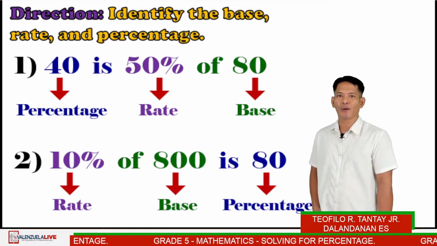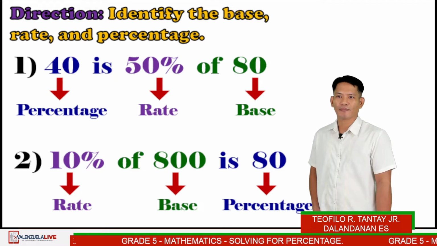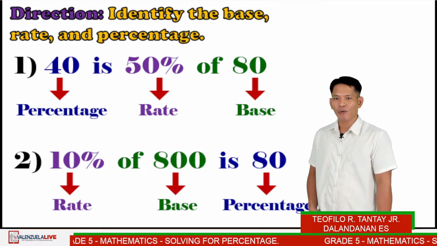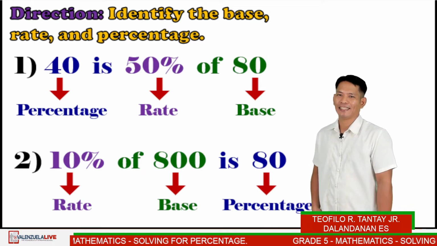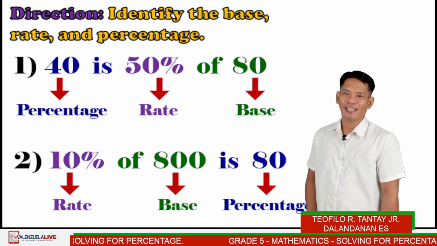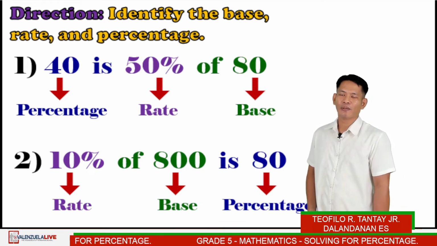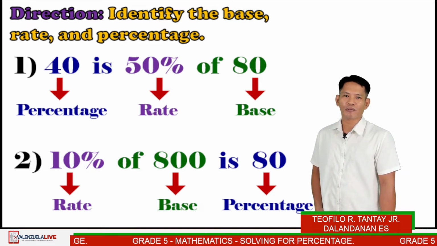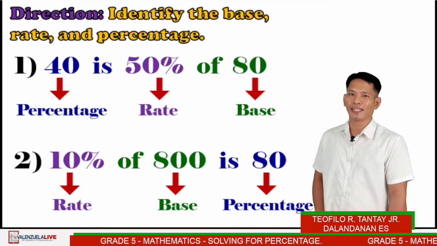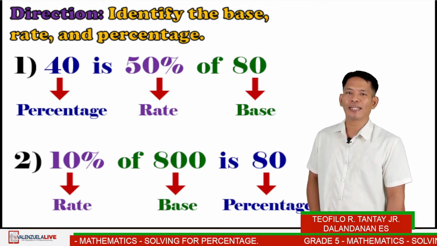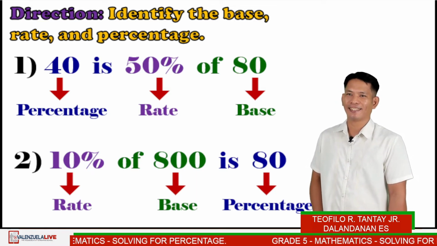In number 1, we have of 80. Therefore, in number 1, the base is 80. And in number 2, of 800. Therefore, in number 2, 800 is the base. And lastly, we have 40 in number 1 as the percentage. And in number 2, 80 is also the percentage. It appears before or after the word is.